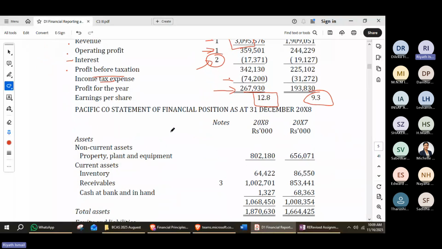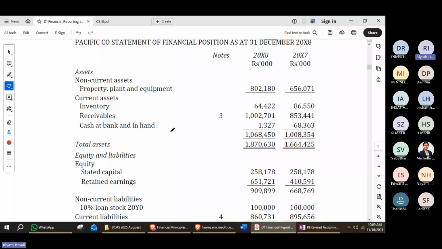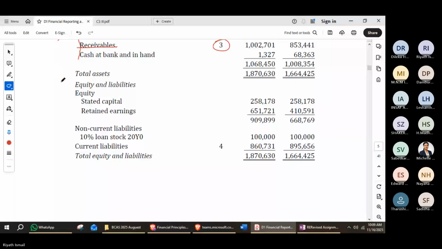When you look at the financial position, they have assets, non-current assets and current assets. In current assets, you may have inventory, receivables, cash, and you can see the notes with details about the receivables. And you have total assets for each. Now the second section, equity and liabilities.